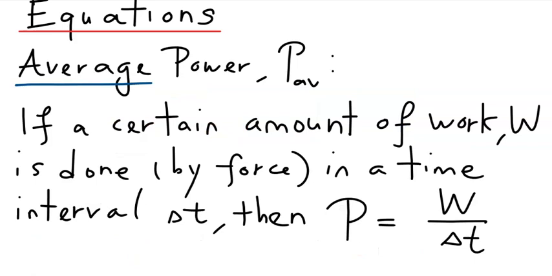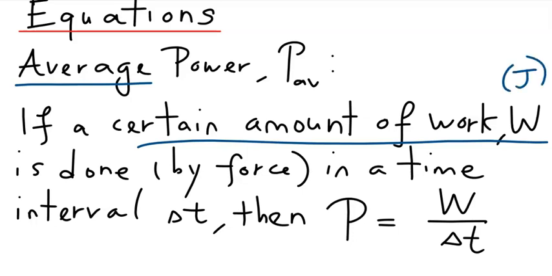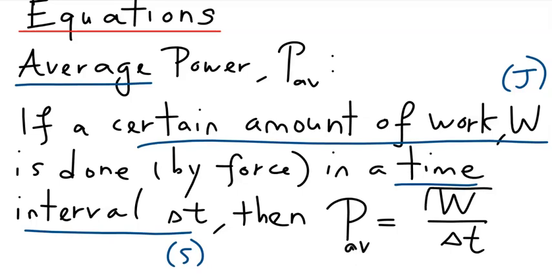Let's look at how to calculate power. Let's begin with average power. Now, if a certain amount of work W, so W is measured in the unit of joules, is done in a finite time interval delta t, so time is measured in seconds, then the average power is defined as the work done over that time interval.